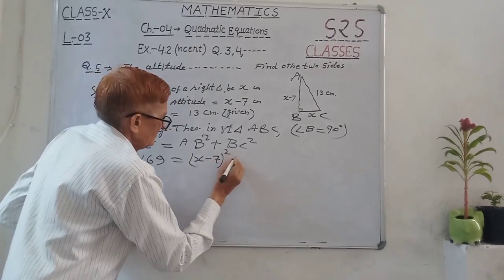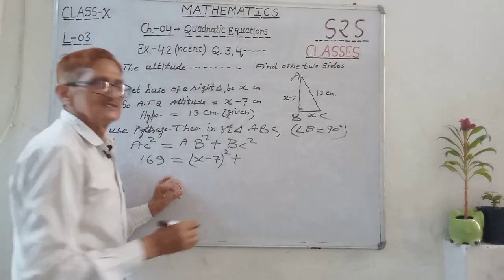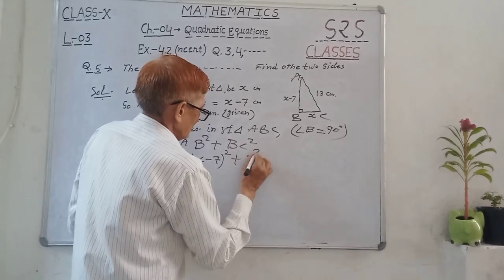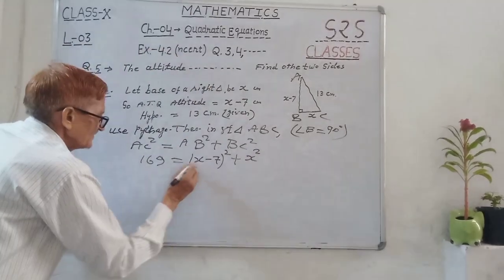plus BC square, BC is x square. Then simplify.